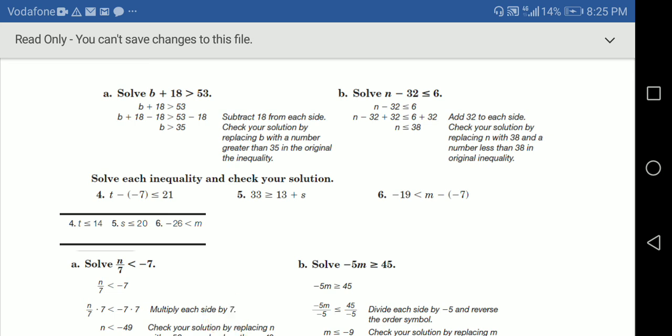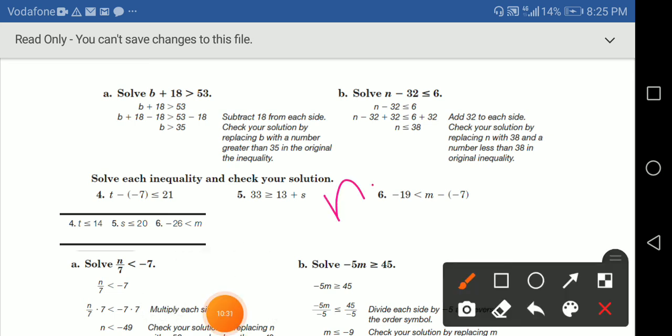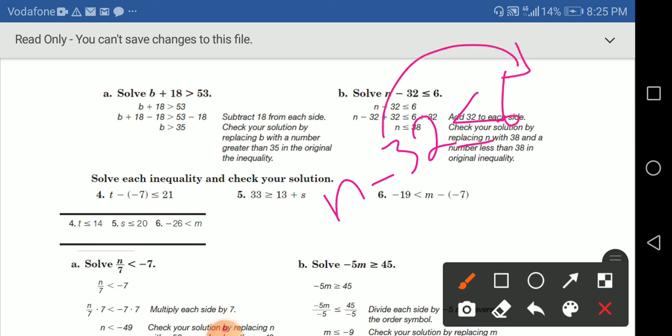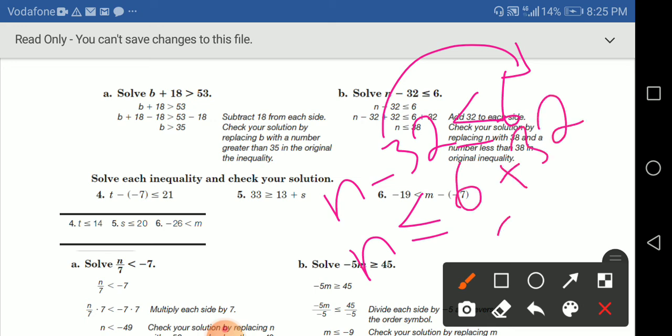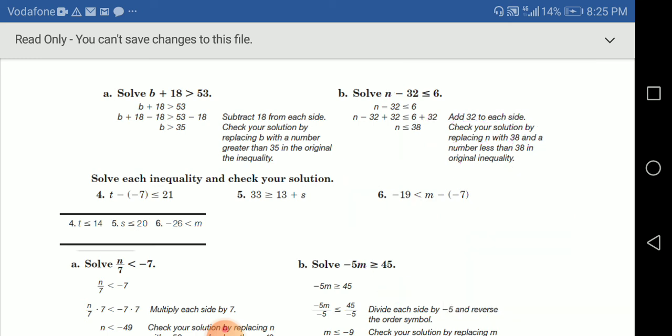What about this one? n minus 32 less than or equal to 6. Negative 32 goes to the other side with a positive sign. 6 plus 32 gives me 38, so n less than or equal to 38.